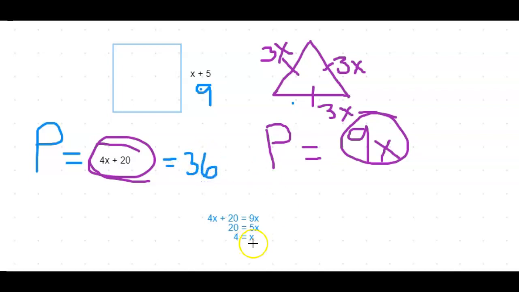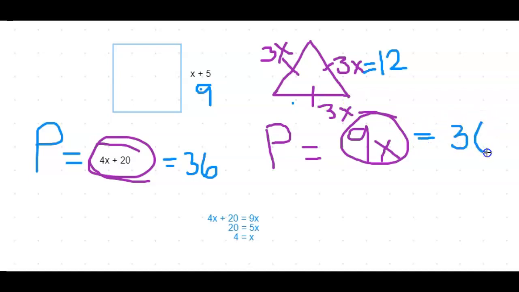And over here, if x is 4, then the length of that side is 3 times x, so that's 3 times 4. So the length of that side is 12. But I have 3 sides because it's an equilateral triangle. So if that's 12, and that's 12, and that's 12, the perimeter is 36.